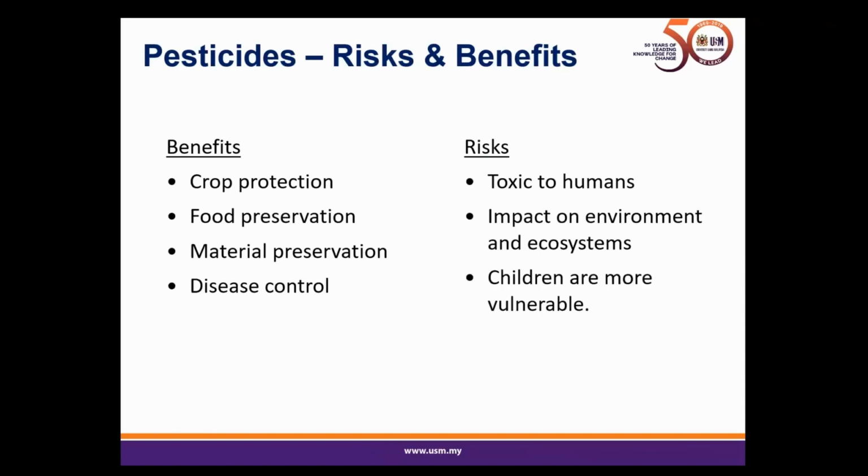There is also growing concern about the effect of pesticides on children, because they are more vulnerable than adults, especially when they have a high dose or higher exposure to pesticide. They are more vulnerable at either high or low concentration.